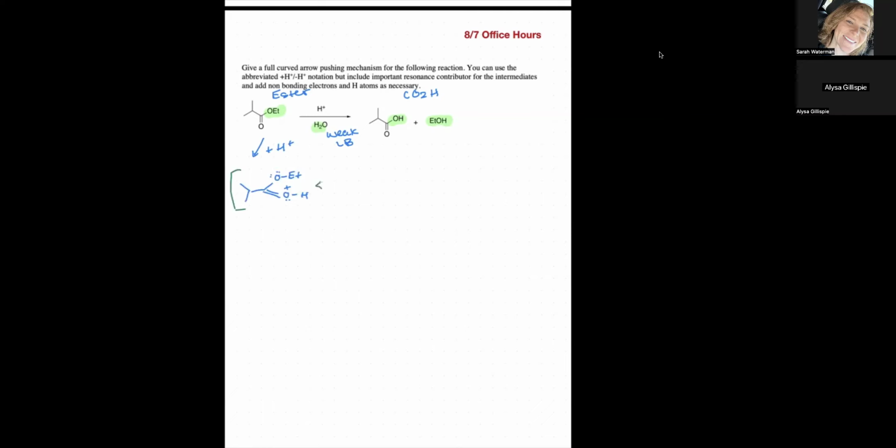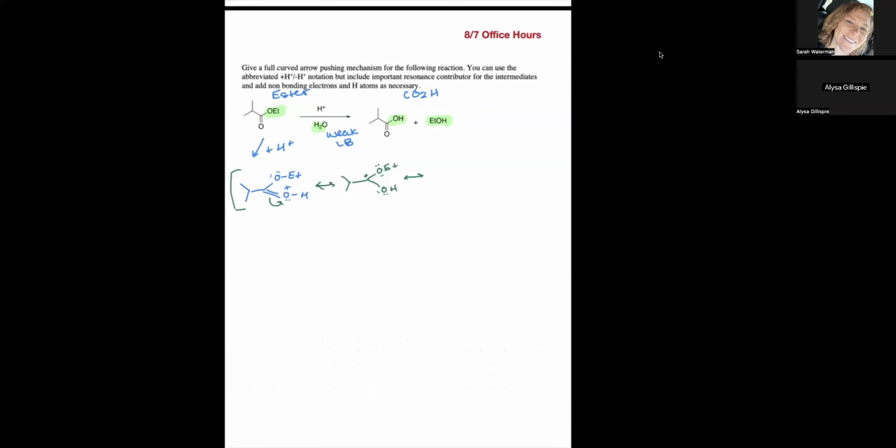So for resonance contributors here, what we see is our OEt and our OH, which now this O has two sets of lone pairs.